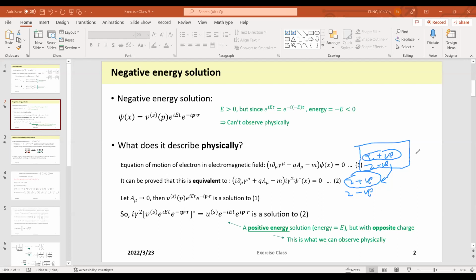And what we are doing just now is acting the spin matrix on these four solutions. So that's why when we act on the negative solutions, the eigenvalue doesn't reflect the true spin of the antiparticles. Because if you want to actually obtain the true spin, we should act on this solution. Is it clear?